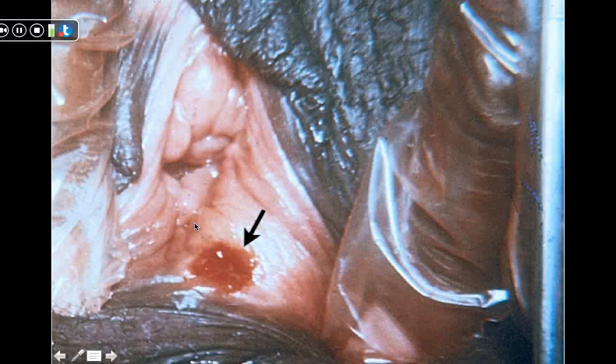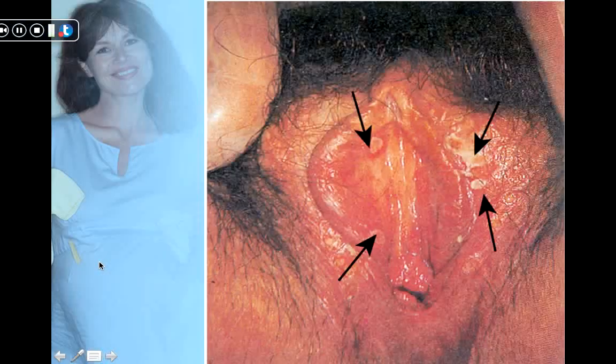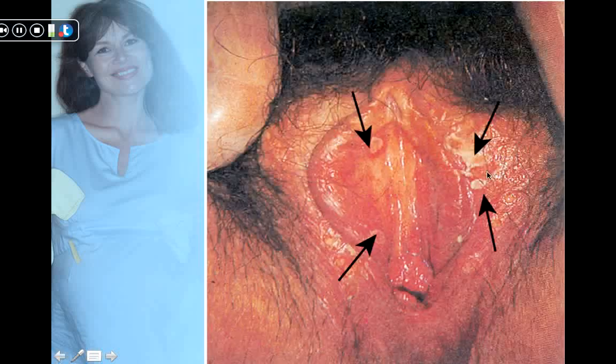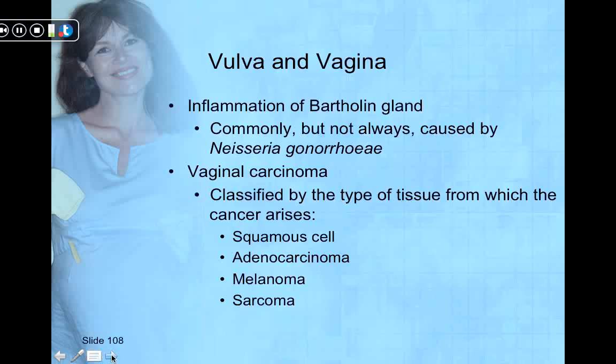It can be very distressing and predispose them for certain forms of vulvovaginal cancers in the future. So that is a syphilitic canker. And those were some pictures of outbreaks of the little blisters associated with genital herpes.